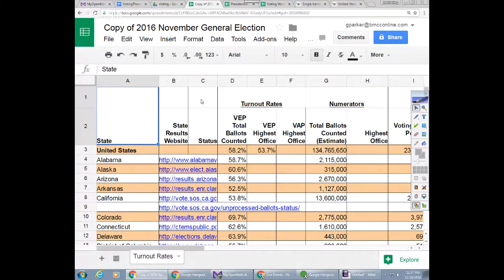Okay. And it turns out it's not only about eligible voters, but whether they actually can vote. Just because they're eligible doesn't mean they actually can vote.